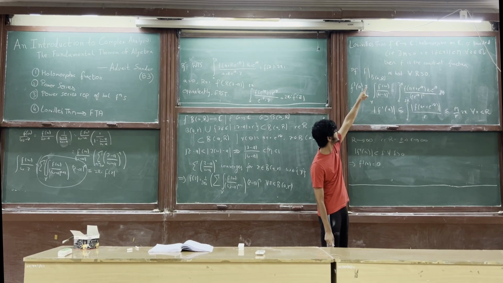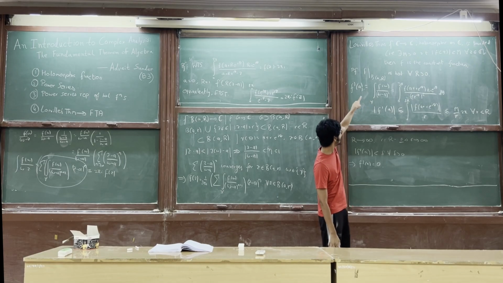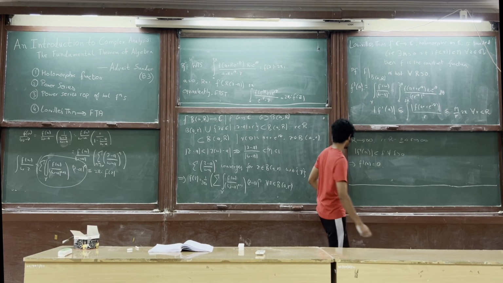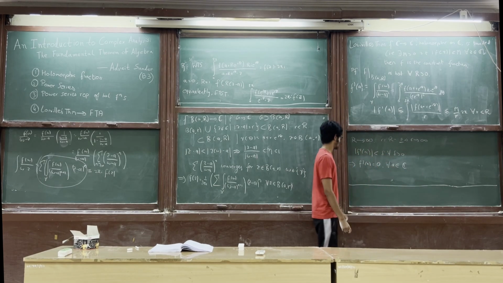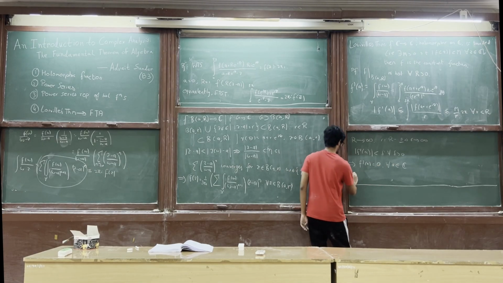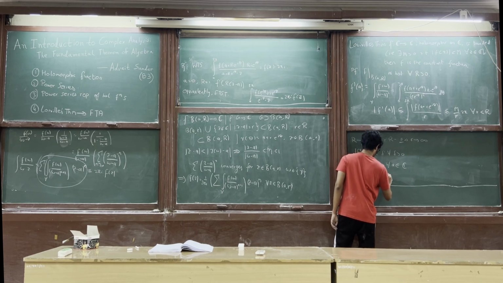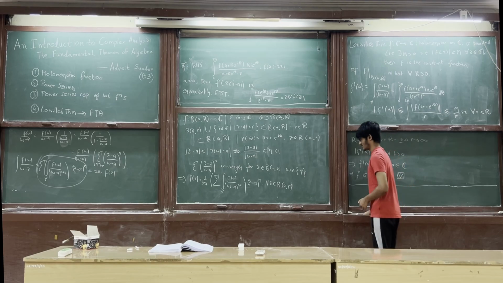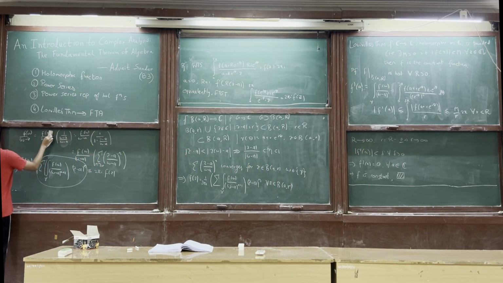We could have taken any other a in C, because our function is holomorphic in the entirety of C, and any radius r works for any other a in C. So we say f's derivative is 0 for all a in C, which instantaneously gives us that f is constant. And this finally leads to the proof of the fundamental theorem of algebra.